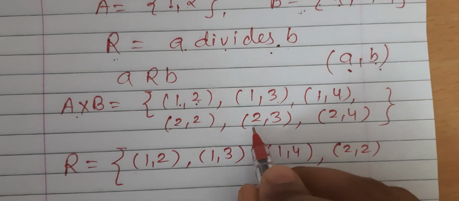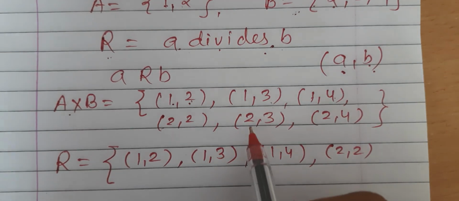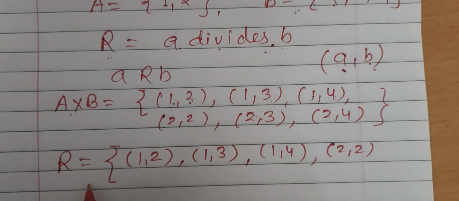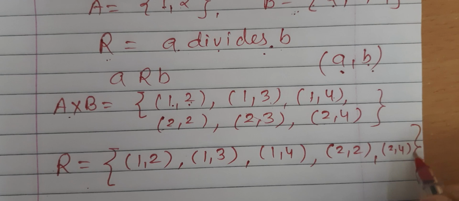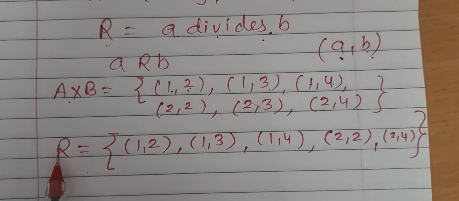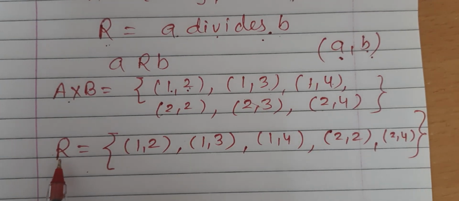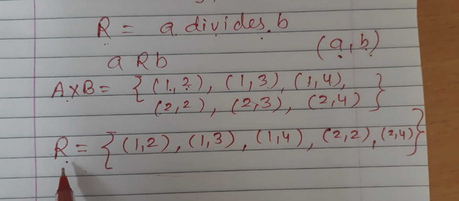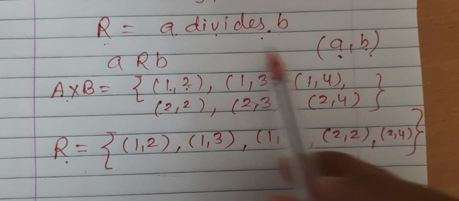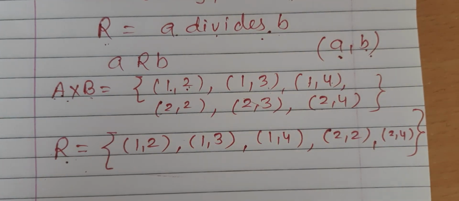Yes. 2 divides 3? No. So we will not include this element in R. 2 divides 4? Yes. So this is R. And it is clear that this R is a subset because all the elements of R are also elements of set A cross B. So this is a relation, which follows a particular rule or condition.